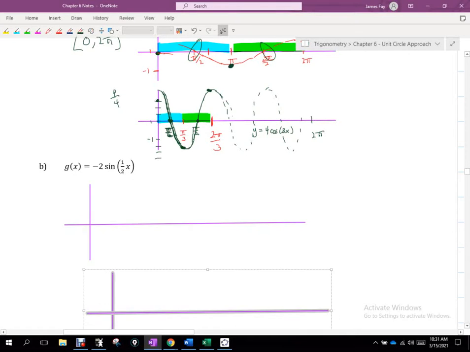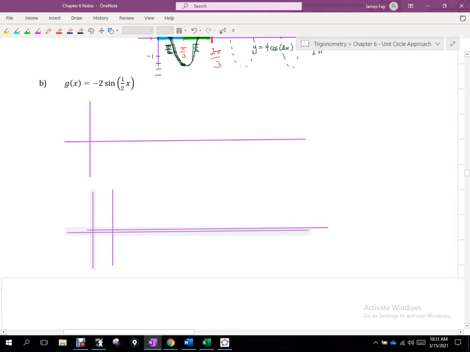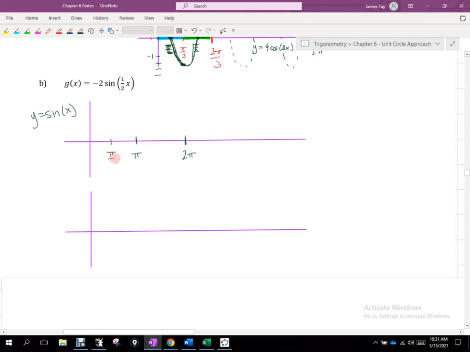All right, so if I graph y equals sine of x, and because I know there's going to be a horizontal stretch here, I'm going to condense this parent function a little bit so you can see the imagery.